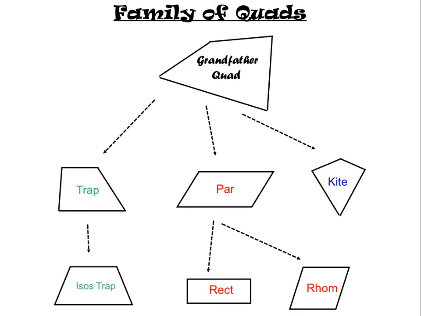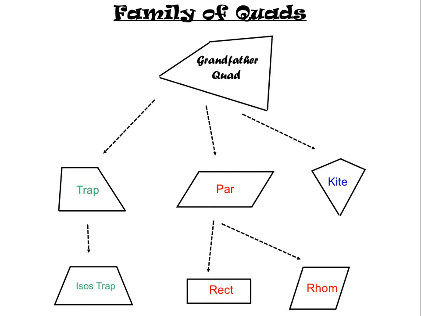So let's just talk about now the family of quadrilaterals. We'll spend a lot more time in class on this, but we have grandfather quad. He had three kids: trap, parallelogram, and kite. Trap had isosceles trap.